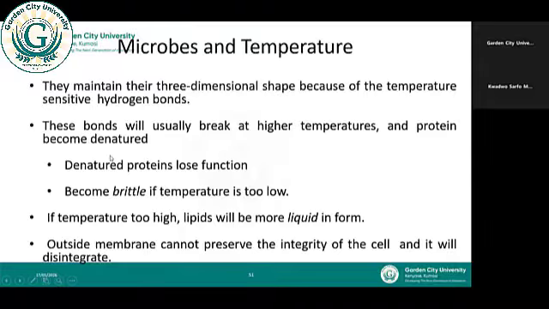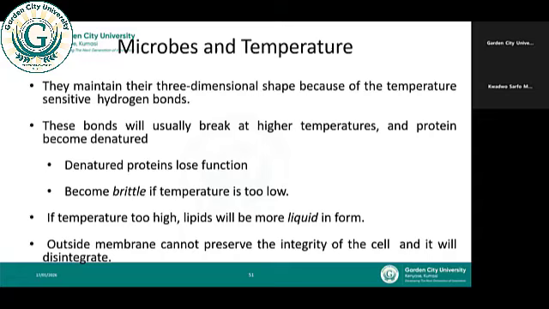The proteins can become denatured, destroyed, and the organism cannot function properly. If the temperature is too low, they can also break and lose their cellular structures. At very high temperatures, the lipids that protect the cell wall and the cell membrane can also become liquefied, and eventually the cell will lose its content and die.